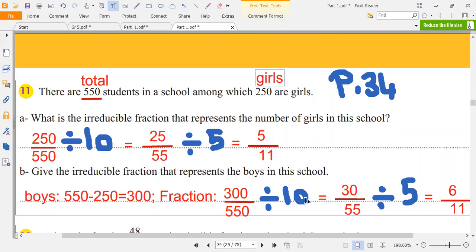When we divide it by 10, we get 30 over 55. And here we have 0 and 5 in the ones digits. So we can divide the fraction by 5. 30 divided by 5, 6. 55 divided by 5, 11. So the irreducible fraction of boys in this school is 6/11.